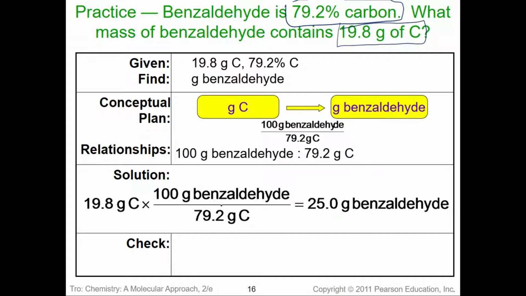This one is reversed, 100 over 79.2, because you want to cancel the carbon unit. If you make it 79.2 over 100, you cannot get the last unit in benzaldehyde. So that's why you have to transform it into 100 over 79.2 gram.